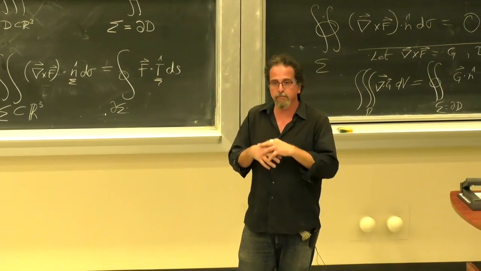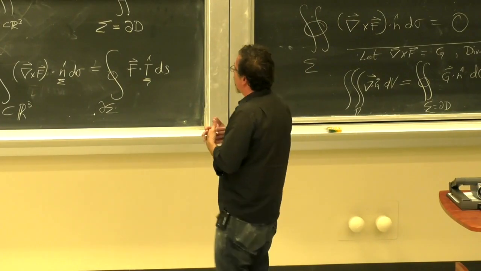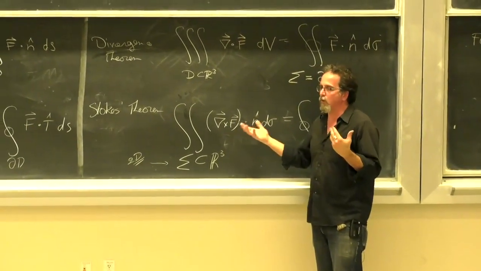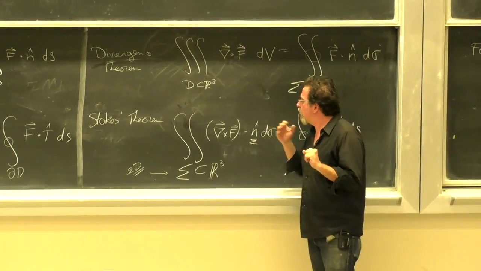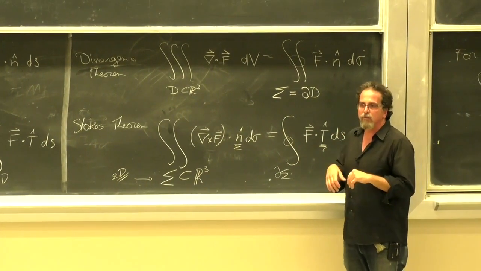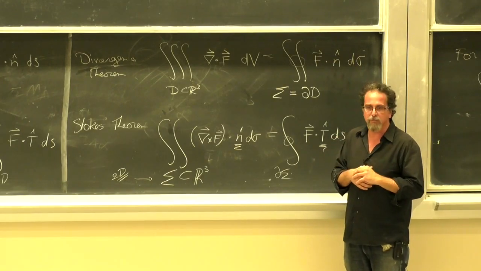This is the beginning of a whole new subject. So this is the jumping off point. There are something called forms in differential geometry, and the integral of a one form over a domain is equal to the integral of the function over the boundary. You lose derivatives. This is very ubiquitous in multiple dimensions also.